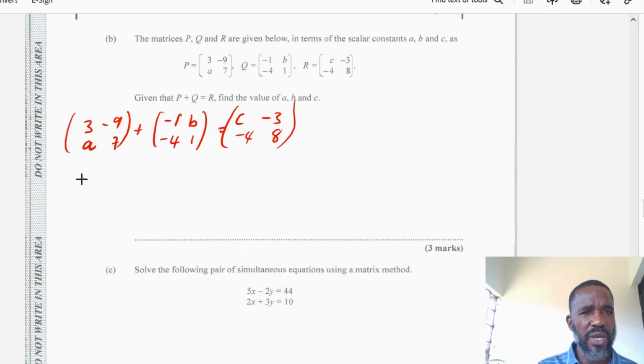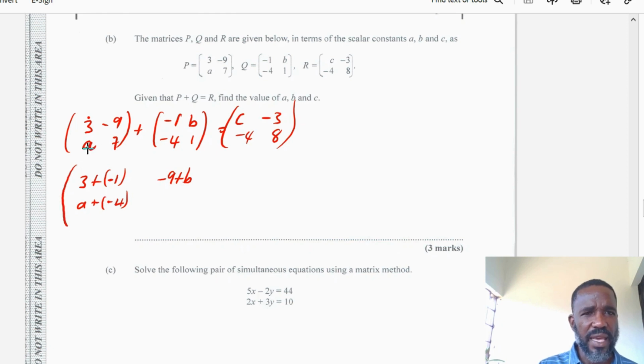So therefore, we're going to have 3 plus -1, because first term must be added to first term. Then we have -9 plus B. Then we have A plus -4.